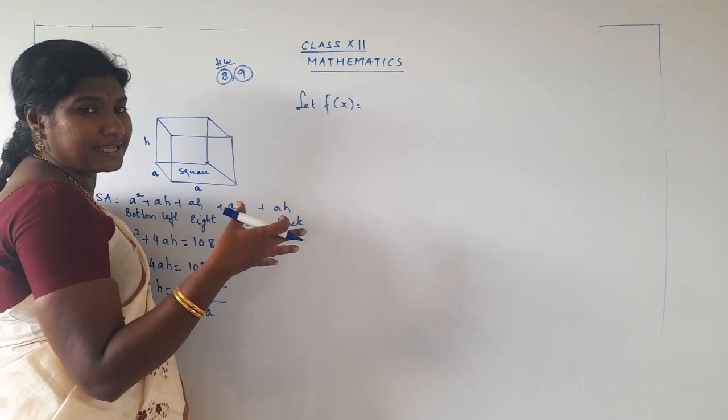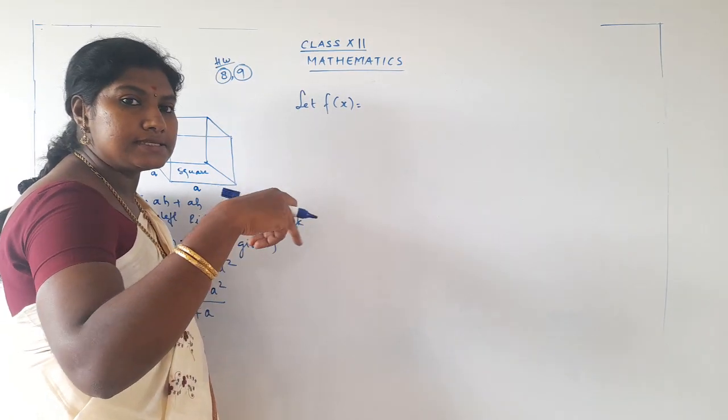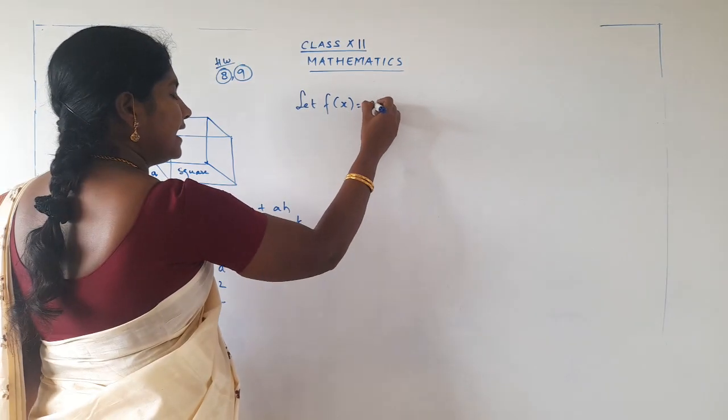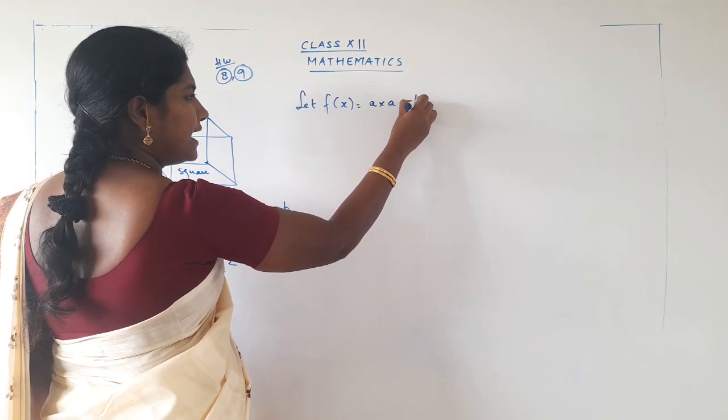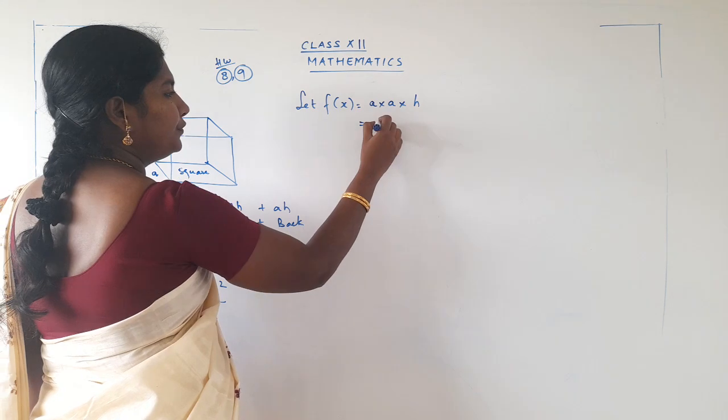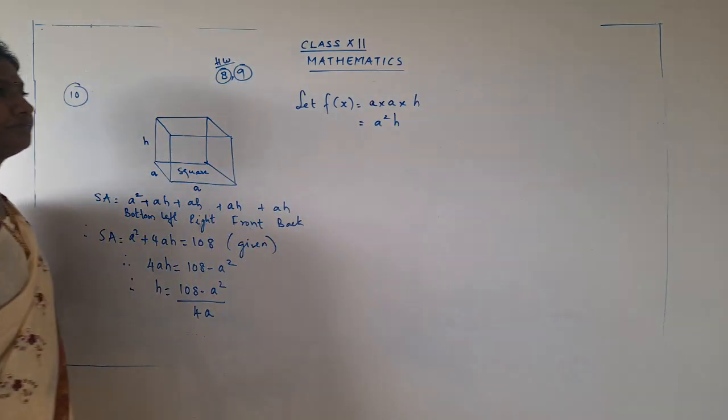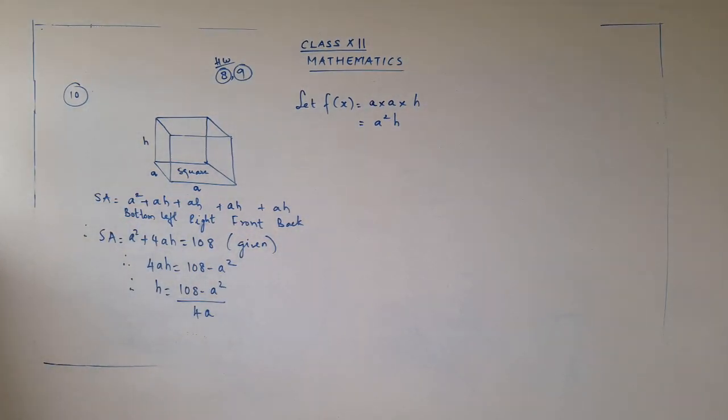Length and the base are same because the base is a square. So I get here a into a into height h. So this is equal to a square h. I have taken the volume as the function because they have asked you to show that volume of the box is maximum. So I have defined the function as a square h.